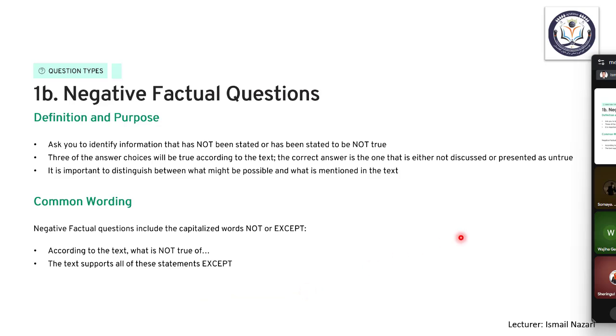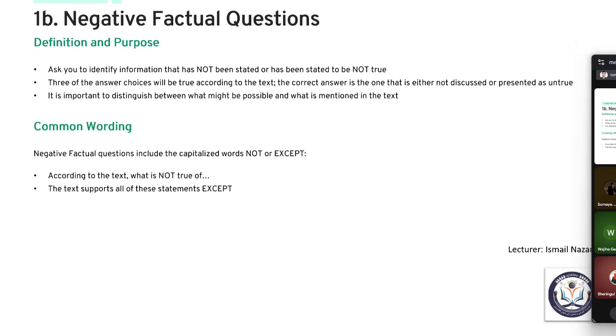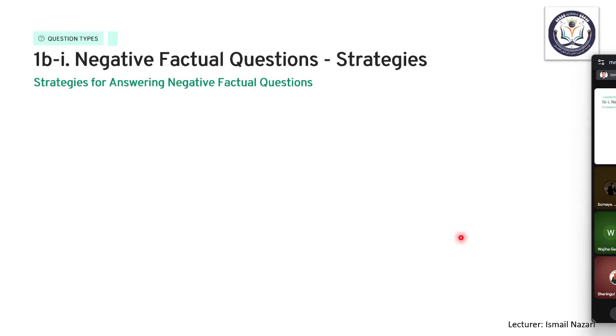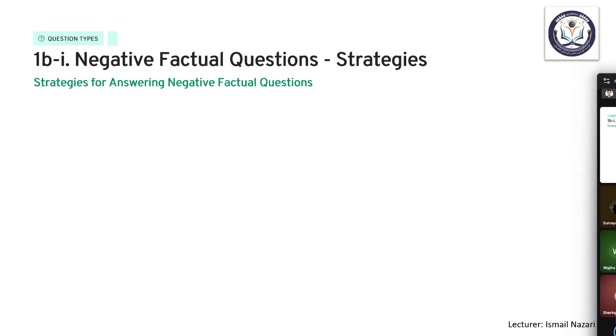That's what we have as negative factual question. Now the thing is how to answer the negative factual questions. What strategies can be functional? What strategies can help us to answer the negative factual information question?